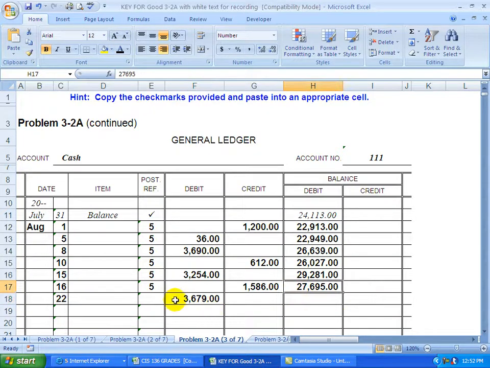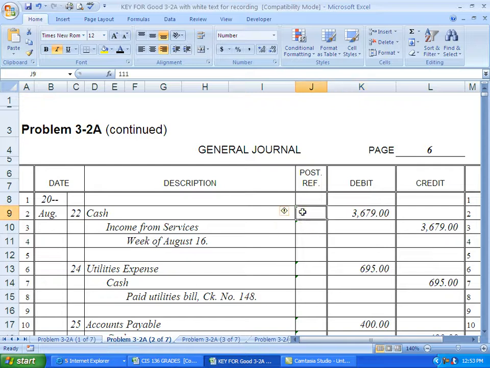Here's the debit balance that we're debiting. When you debit a debit, you add. Now we have this much money, $31,374. We're going to put where it came from. This time it's from journal page 6. And we take 111 back to there.